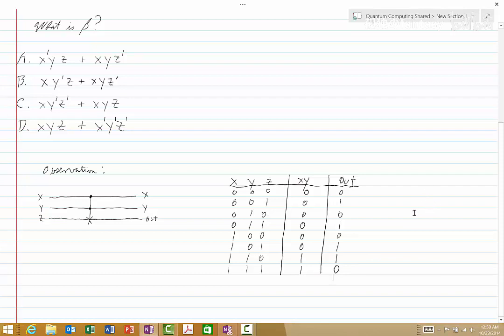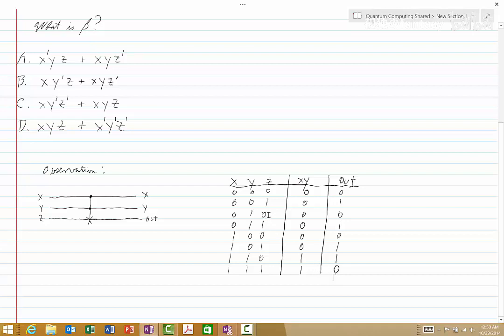And now what I want to encourage you to do is to look at the 2 columns here, Z and XY, and also at out. When Z and XY are both 0, out is 0. When Z and XY are both 1, out is 0.